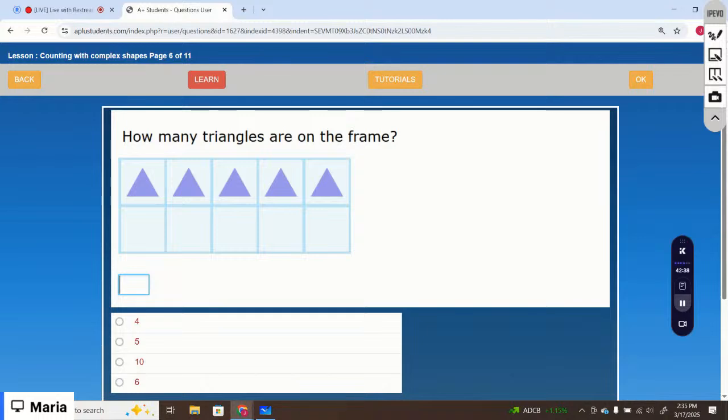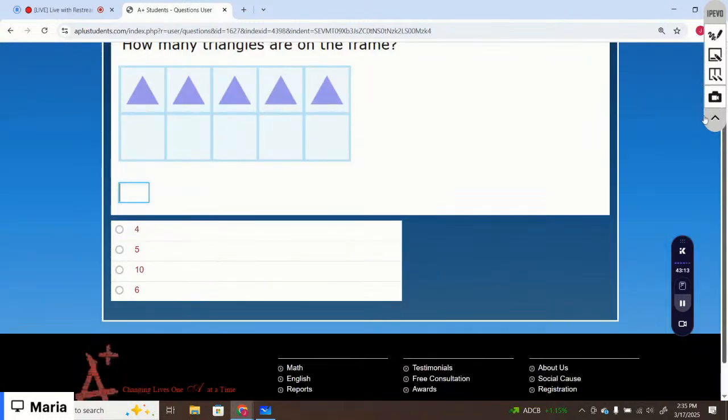How many triangles are on the frame, which is the correct option? The correct option is five.